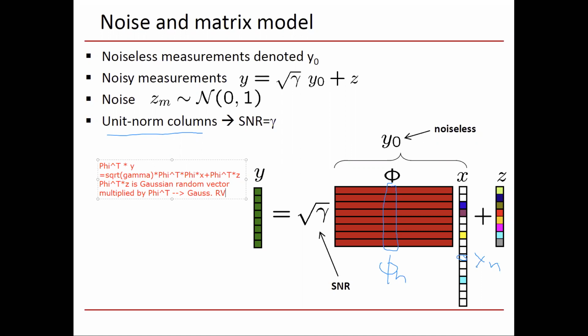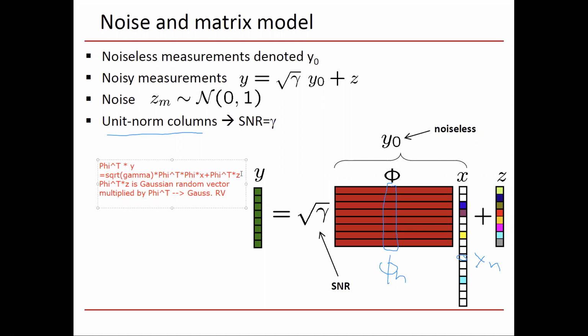A Gaussian random vector multiplied by a matrix is always a Gaussian random vector. So all we need to characterize this Gaussian random vector is the expected value and the covariance. That's it. That'll give us the entirety of this multidimensional probability density function for this vector.